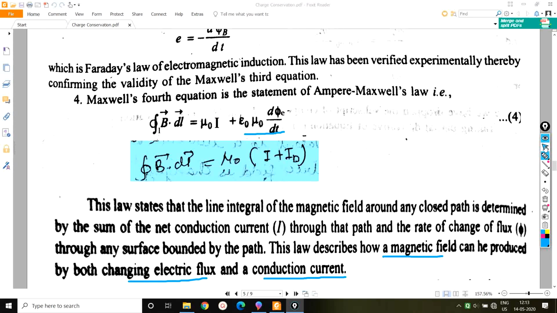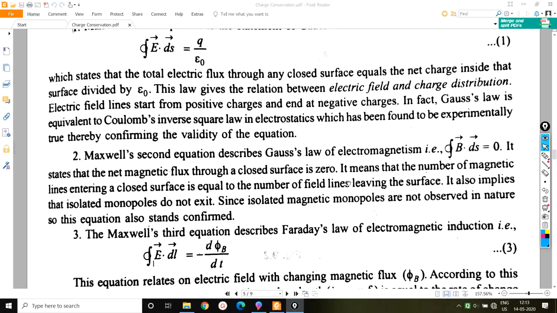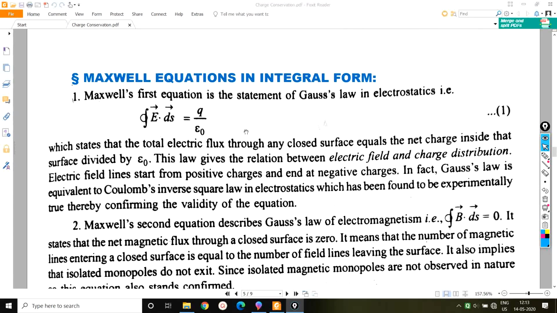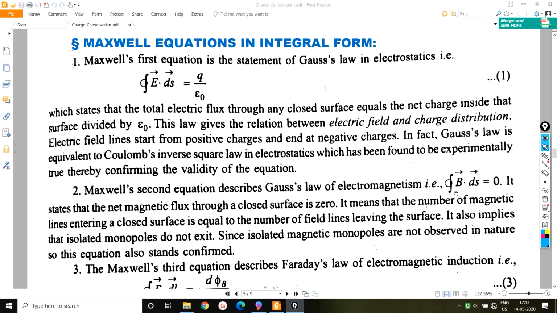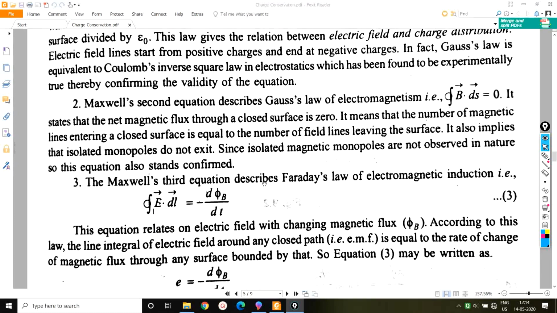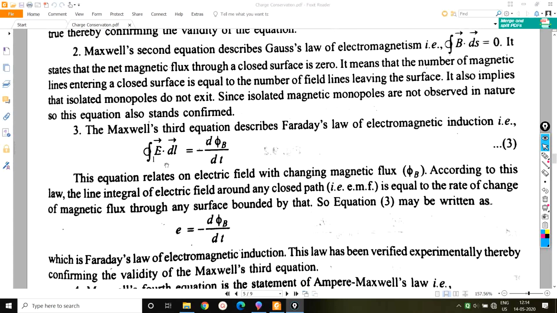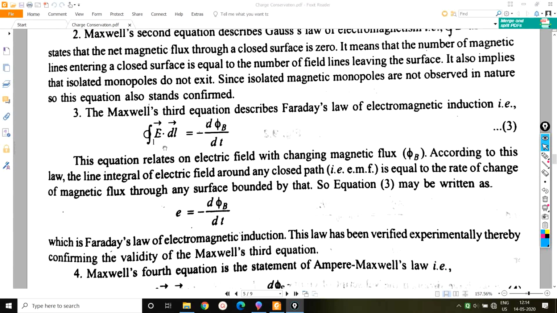So if you have a look at all these four equations, you will see that all of them are somehow discussed in class 12 chapters. You learn about Gauss's law in electrostatics. You also learn Gauss's law of magnetism in class 12. You also learn Faraday's law of electromagnetic induction. However, you might not be able to interpret it in terms of line integration of E dot dl.